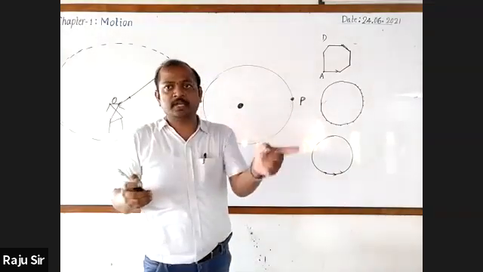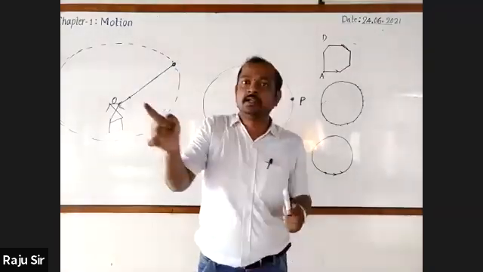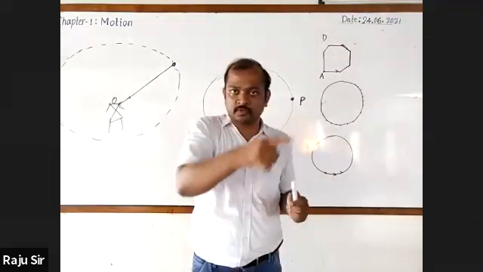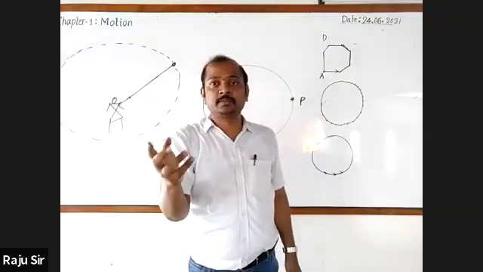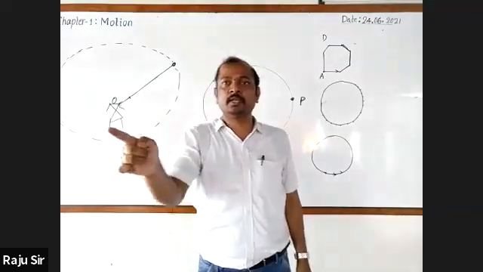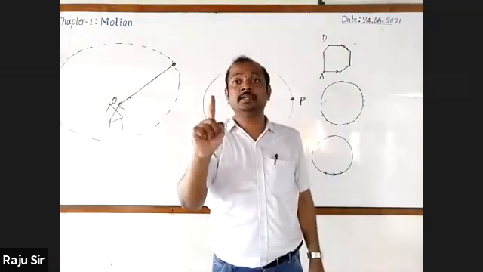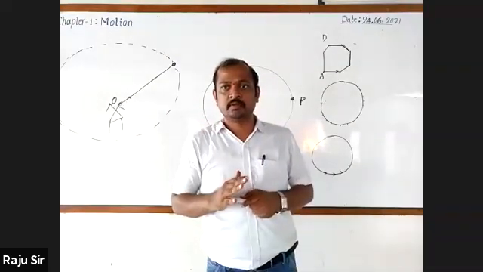As the speed changes, it gets accelerated. Hence, we can say that the motion of a body moving in a circular path is accelerated. Clear? Yes, sir.